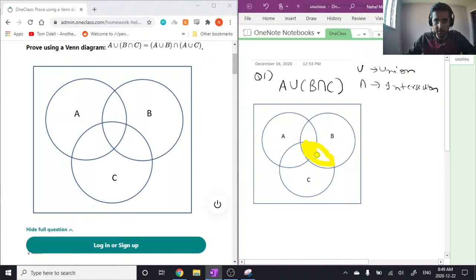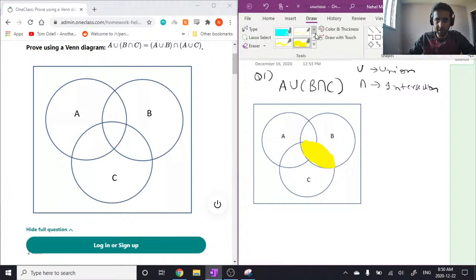Okay, so what I've identified here is B intersection C. I'm just gonna mark that down.